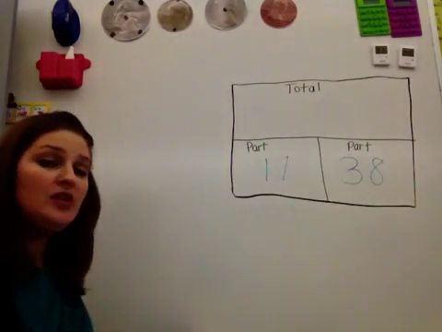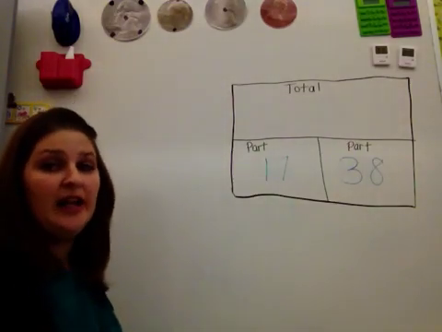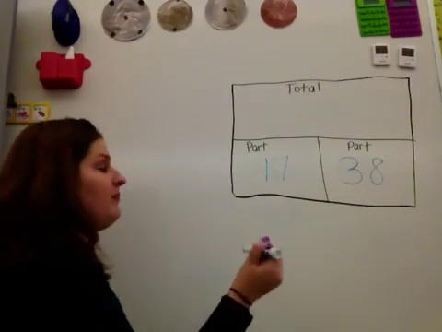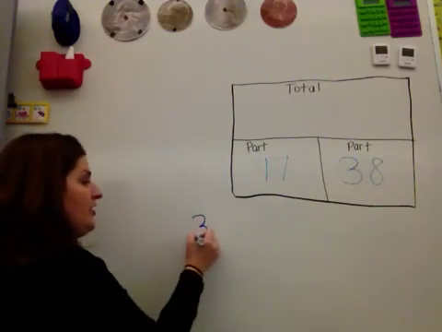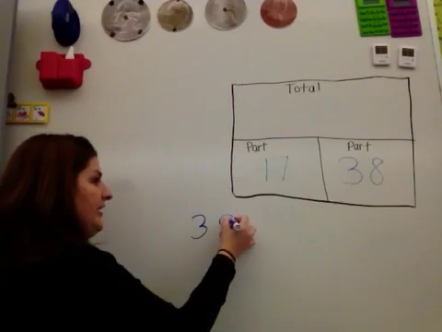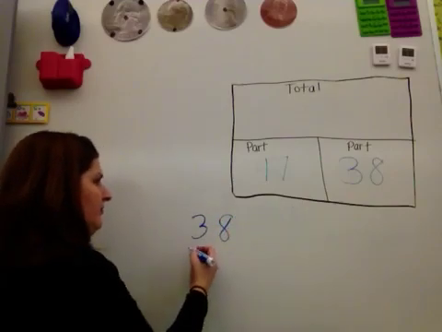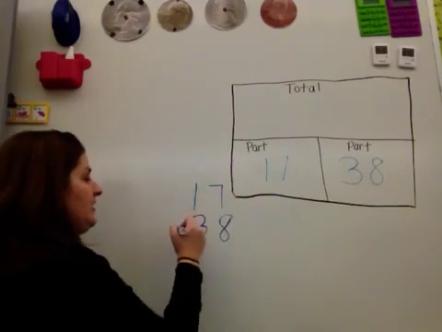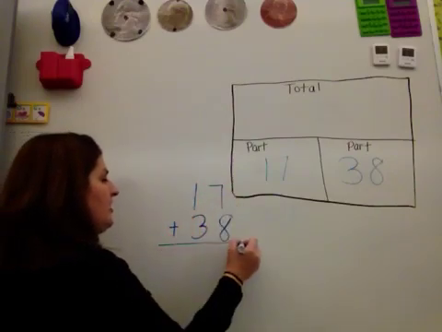Now we're going to figure this out using our column addition. So using the dry erase board, I want you to stack this problem. So you're going to write 17 plus 38.